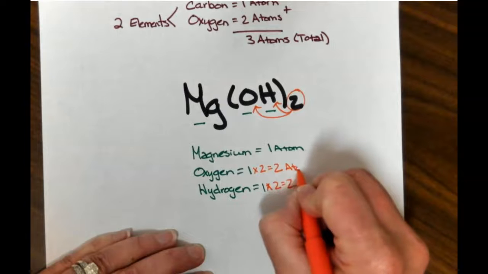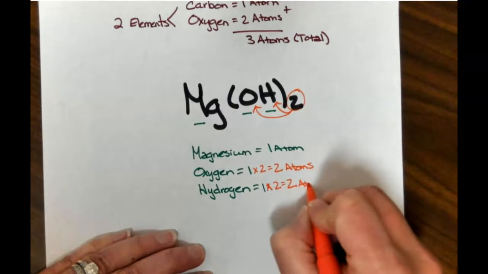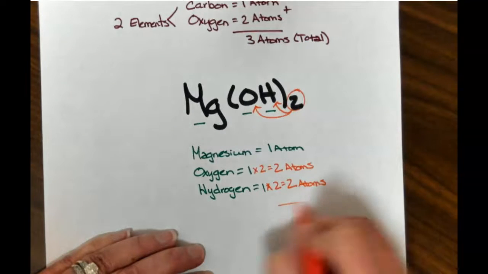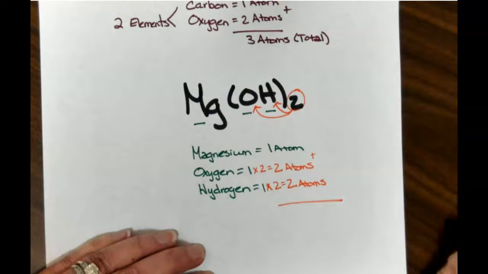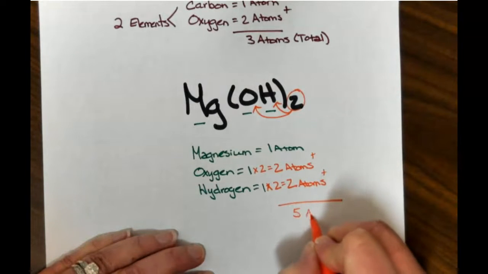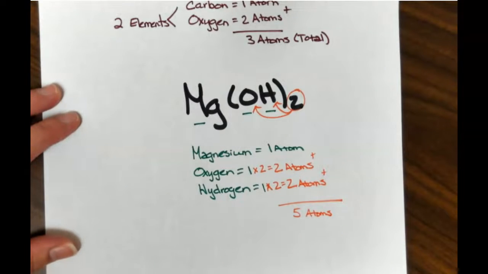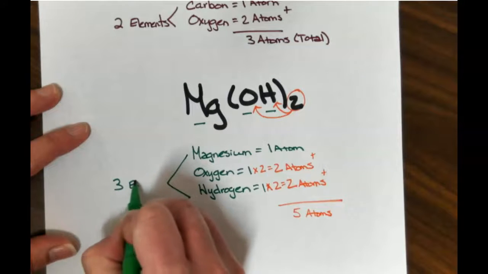So now I know I have 2 atoms of oxygen and 2 atoms of hydrogen. My total amount of atoms, 1 plus 2 plus 2, I have a total of 5 atoms in this compound. Now, if I look, I also have a total of 3 elements.